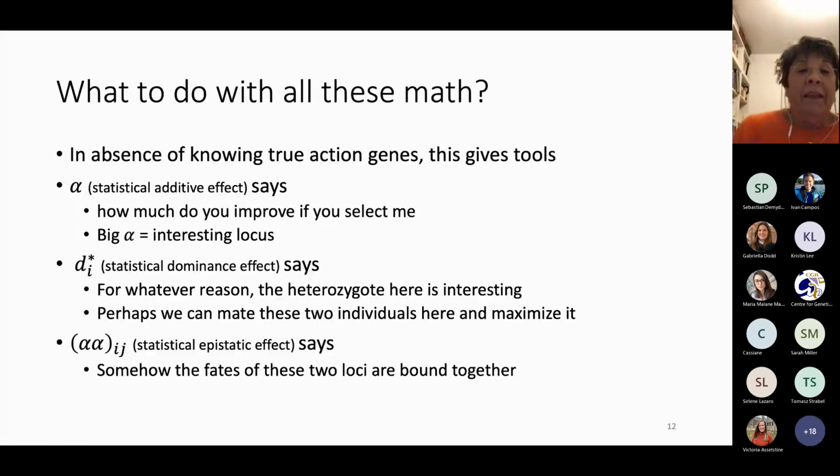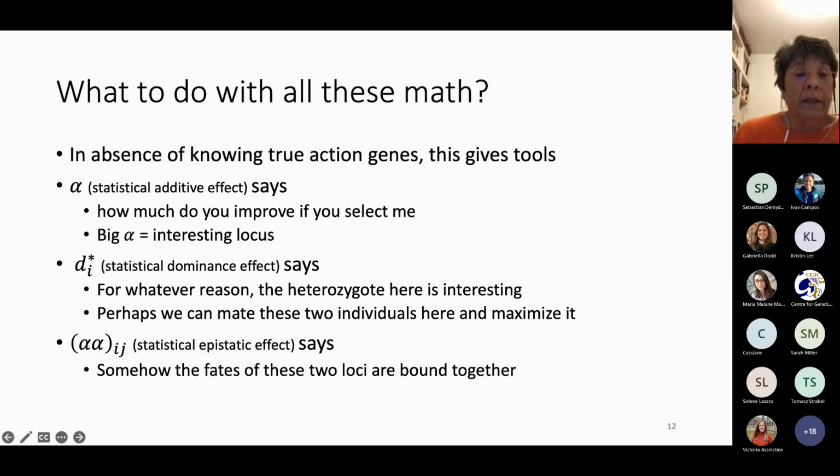If alpha is big, we can say it seems to be an interesting locus. The other thing is the statistical dominant effect. It says that, for whatever reason, the heterozygote here is interesting, and perhaps we can make these two individuals here and maximize it.